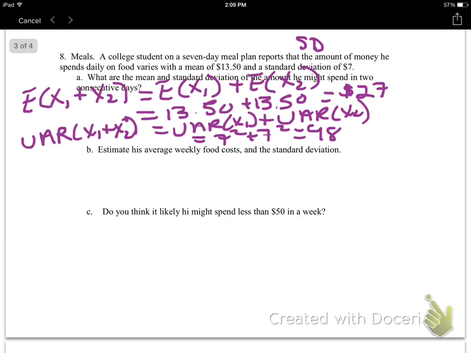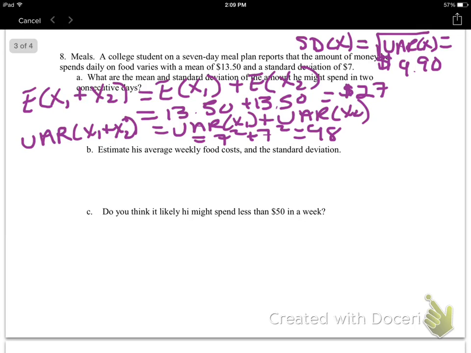So the standard deviation of X is equal to the square root of the variance of X, which is equal to 9.90. And we're talking about money here, right?